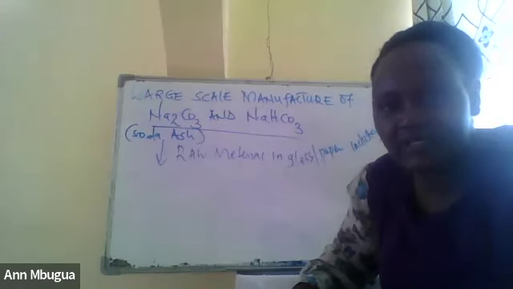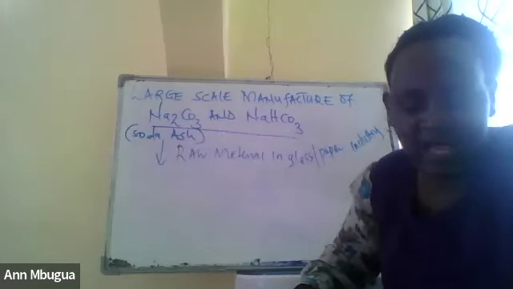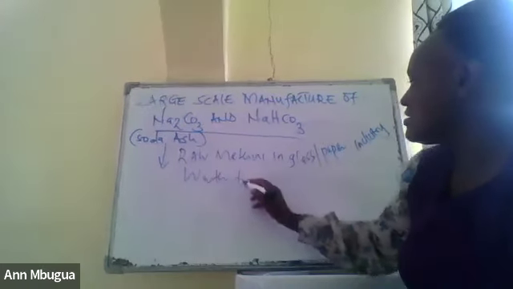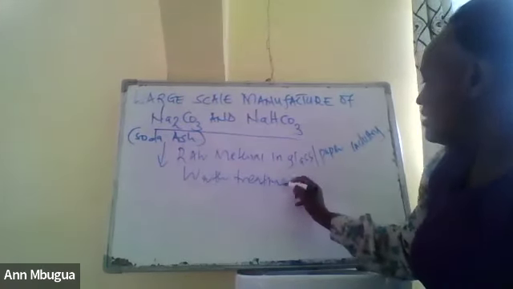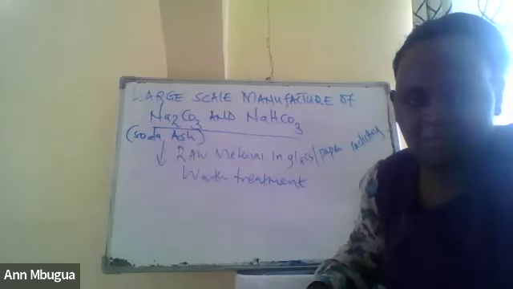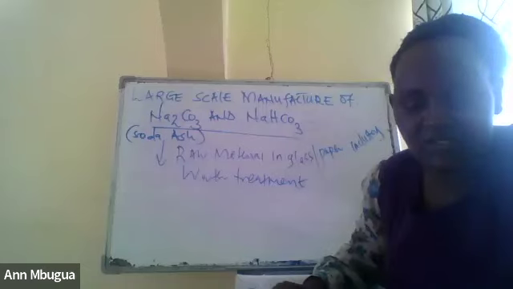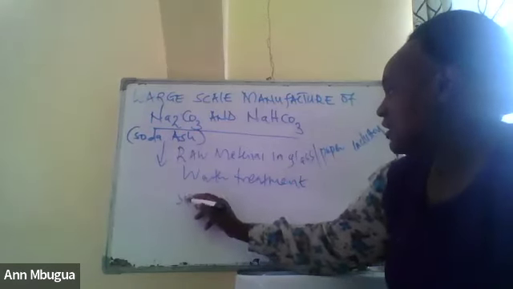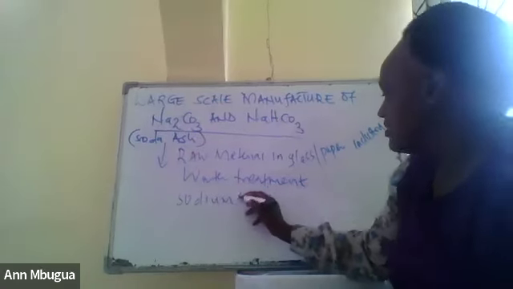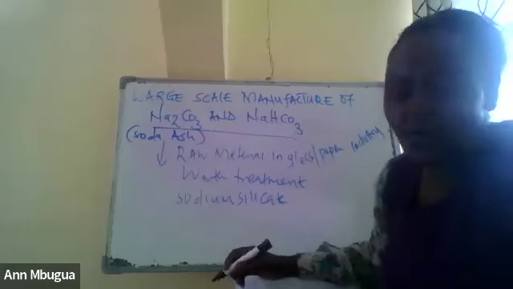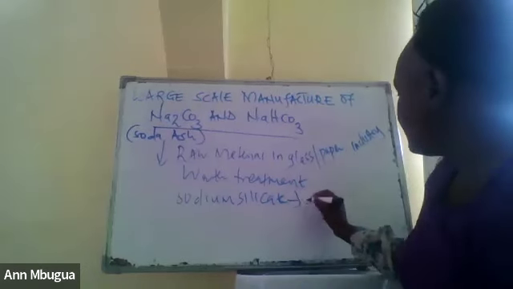Sodium carbonate is also highly used in water treatment plants. It is highly used to treat water. Sodium carbonate is also used to make sodium silicate, and this sodium silicate is used to make detergent.